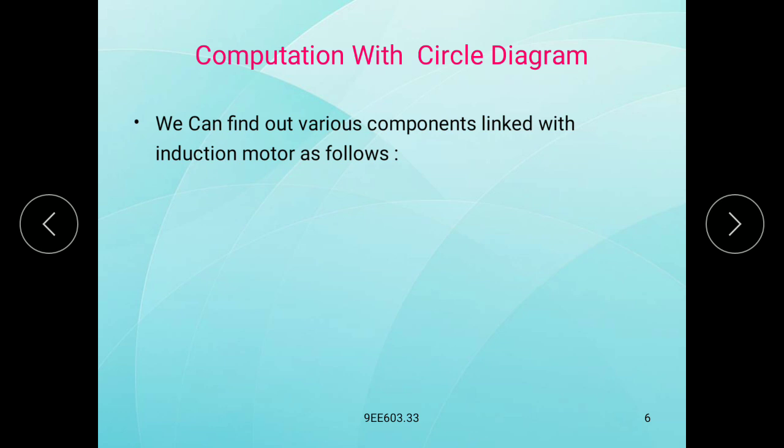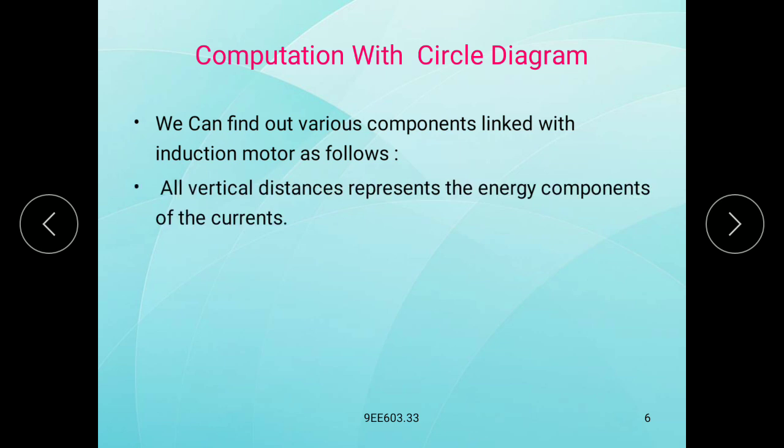We can find out various components linked with the induction motor as follows. All vertical distances represent the energy components of the currents. Here the vertical distance AQ is equal to I naught cos phi naught.